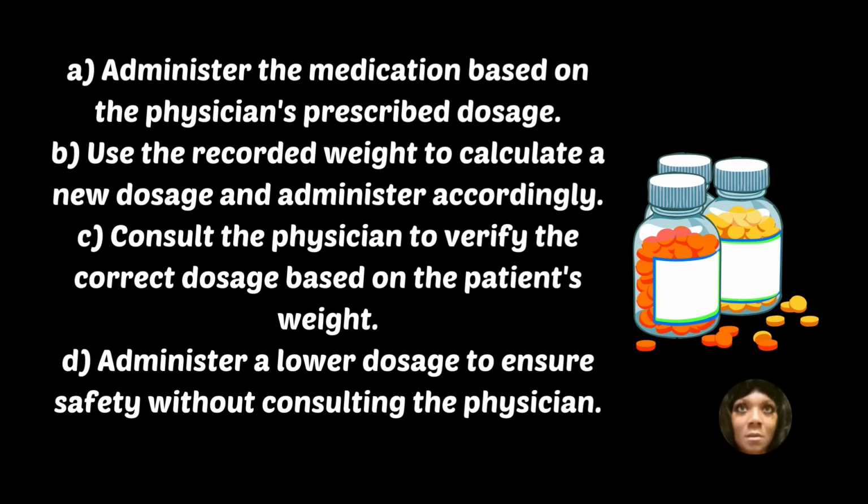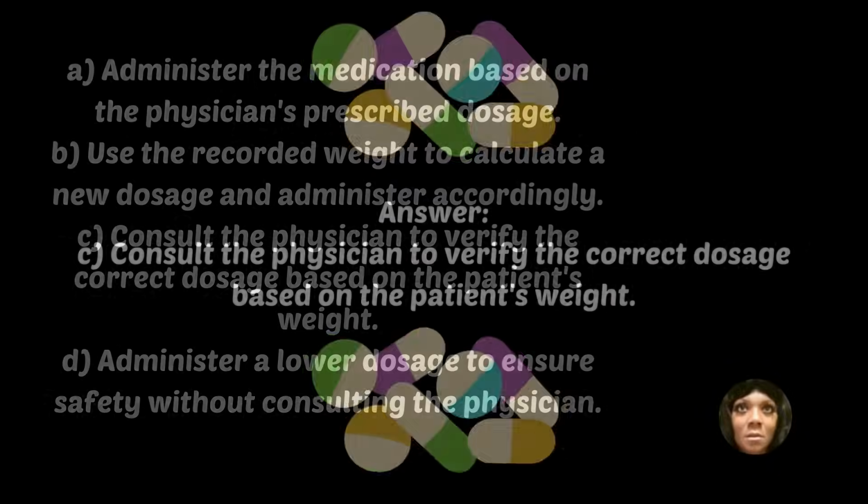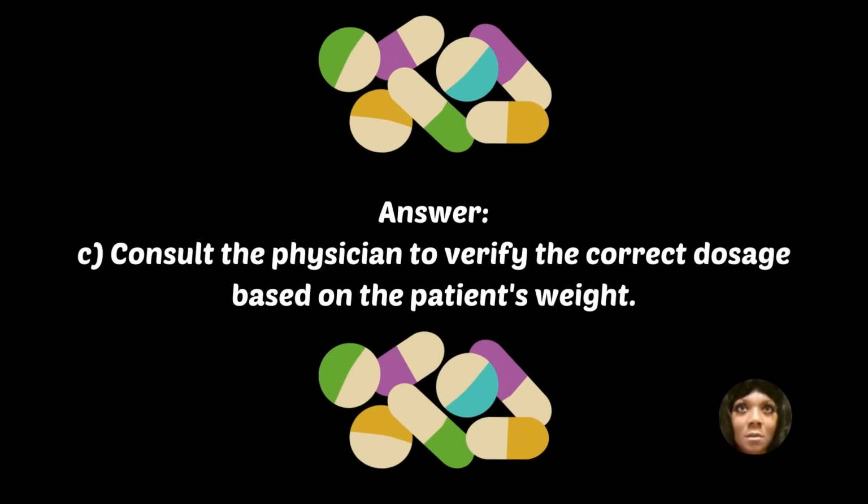C, consult the physician to verify the correct dosage based on the patient's weight? Or D, administer a lower dosage to ensure safety without consulting the physician? The answer is C, consult the physician to verify the correct dosage based on the patient's weight.